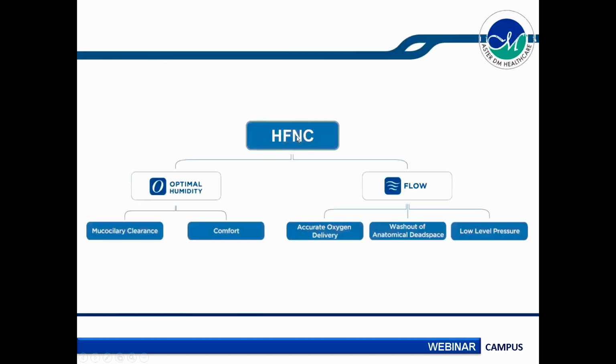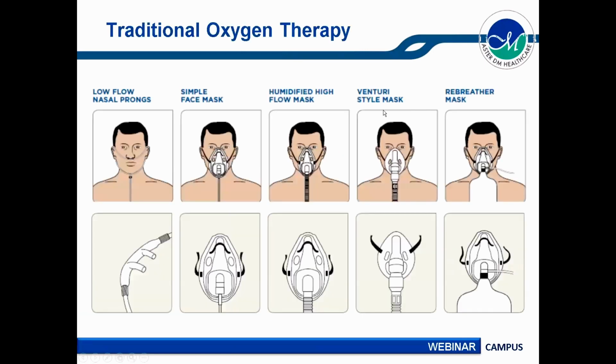So the HFNC can be used for humidity, where the humidity will be useful for mucociliary clearance and comfort. The flow will be basically for accurate oxygen delivery, then washout of anatomical dead space, and low level pressure support or PEEP effect.